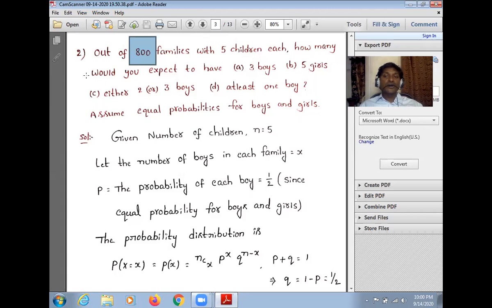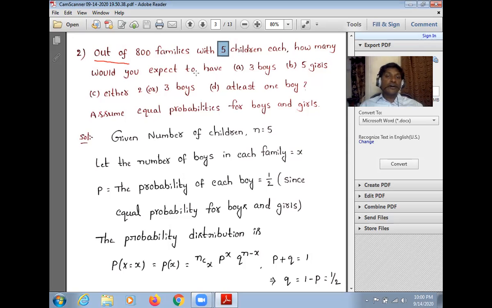So here, what they mentioned in the prompt: out of 800 families with 5 children each, it means they chose 800 families in total, and each family has 5 children.